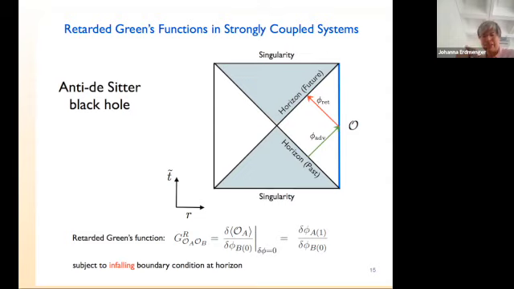So I claim that there's this dual relation: progress that helps us better understand condensed matter physics will also help us better understand quantum gravity. It's a two-sided thing, and you cannot say one is more important than the other. They go hand in hand, and when we make progress in one direction, we also make progress in the other. That's what I would like to claim. So let me show this example.